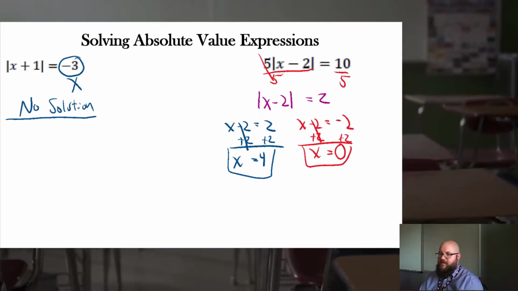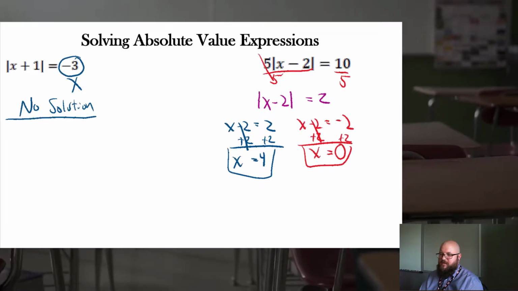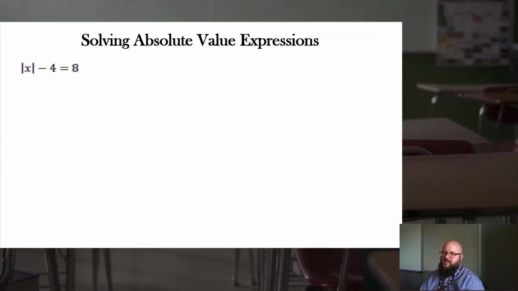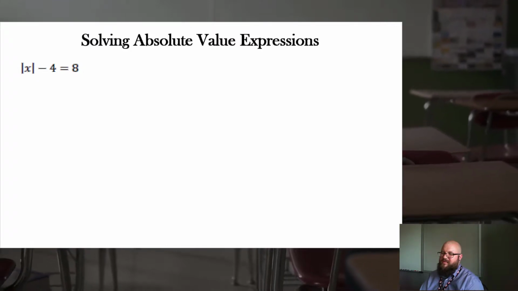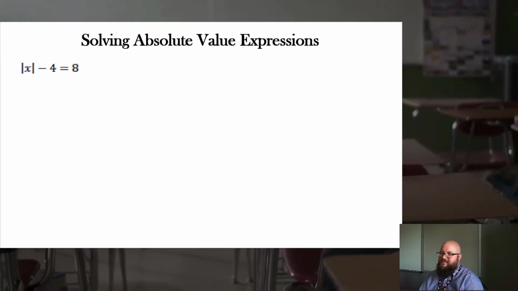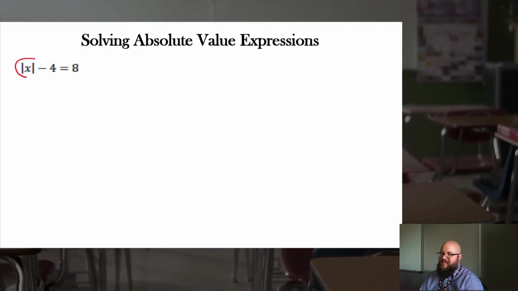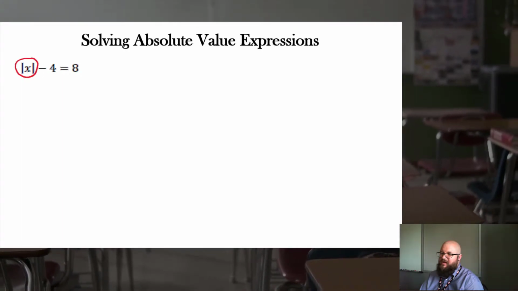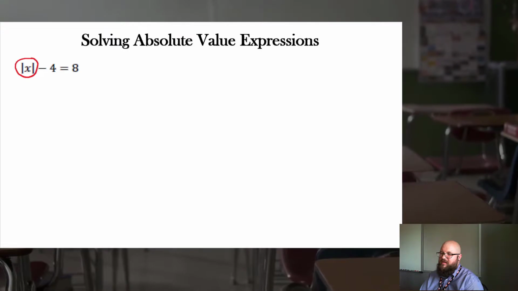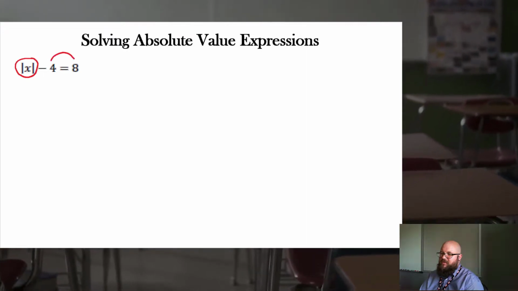Let's do one more example, just to make sure all this is good to go for you guys. So let's look at this one. We have the absolute value of x minus 4 equals 8. Again, let's make sure that we have the absolute value all by itself over here, and we want this number over here.